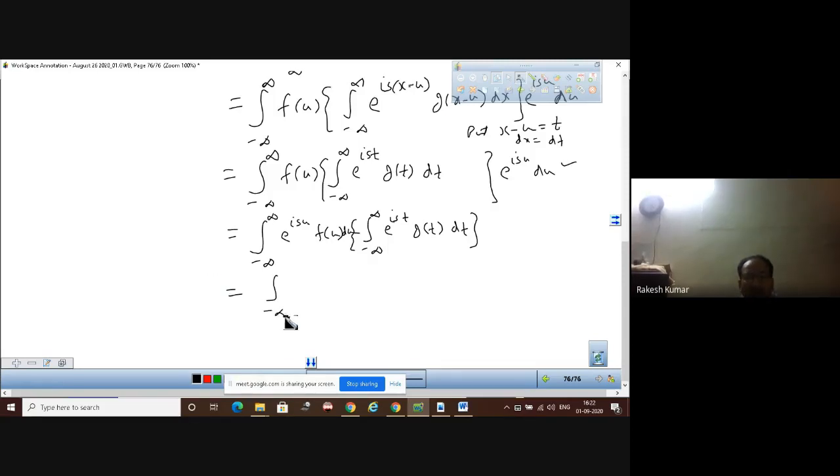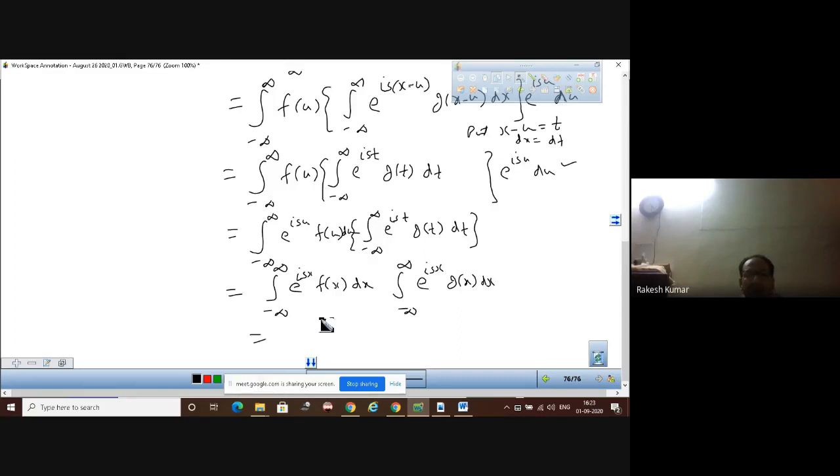So it can be written as integral from minus infinity to infinity of e raised to power iota s x f of x dx, times integral from minus infinity to infinity of e raised to power iota s t, and in place of t, you can change the variable to x again, g of x dx.